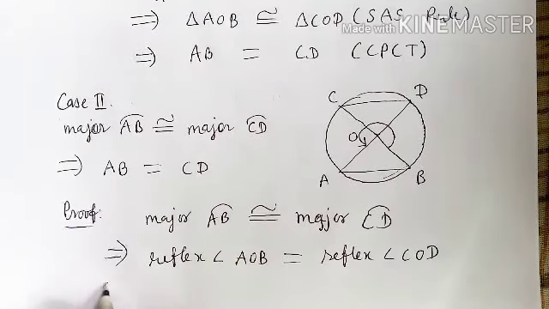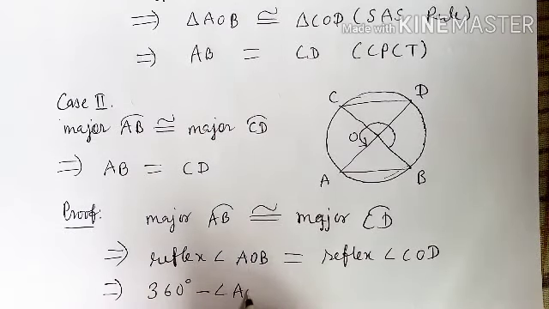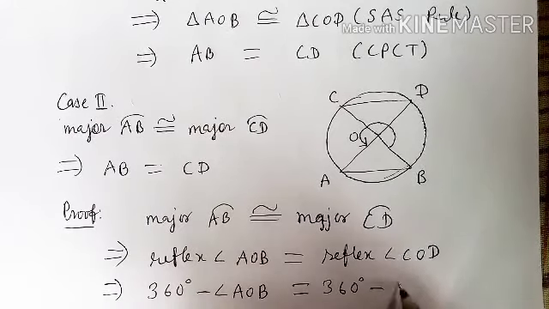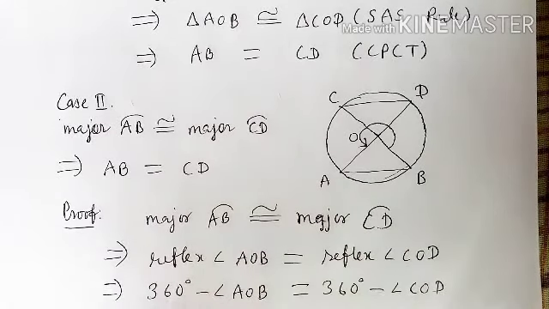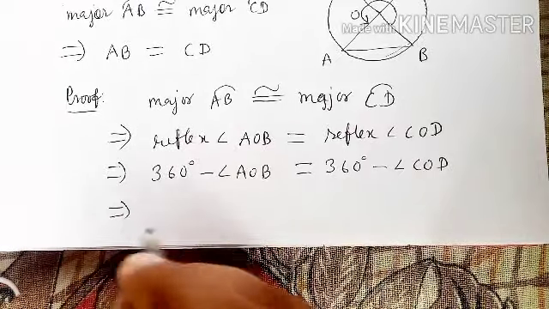This implies that 360 degrees minus angle AOB is equal to 360 degrees minus angle COD. From both sides we cut 360 degrees, so we have minus angle AOB is equal to minus angle COD. Then we have angle AOB is equal to angle COD.